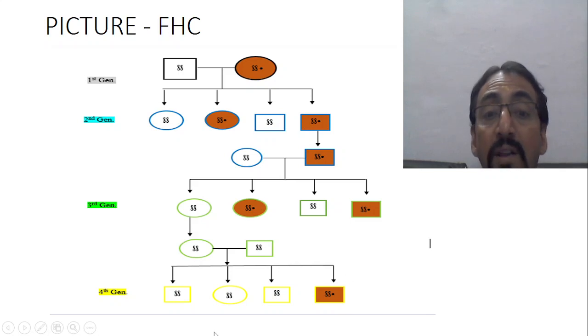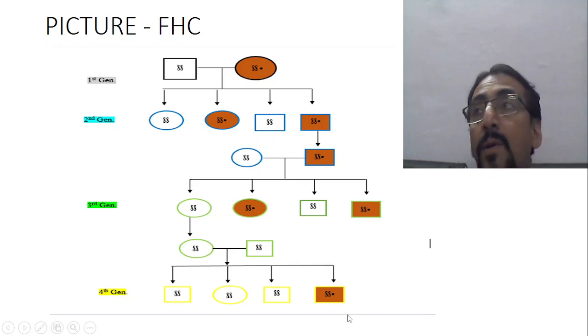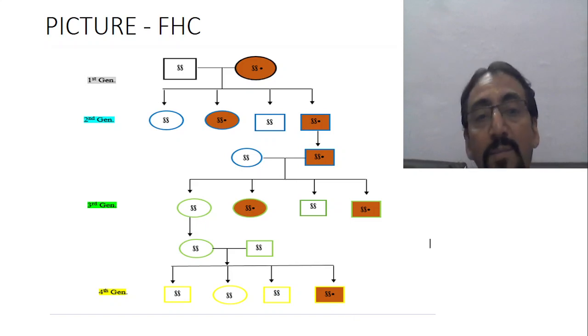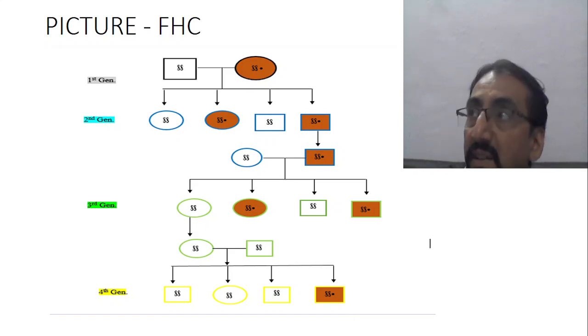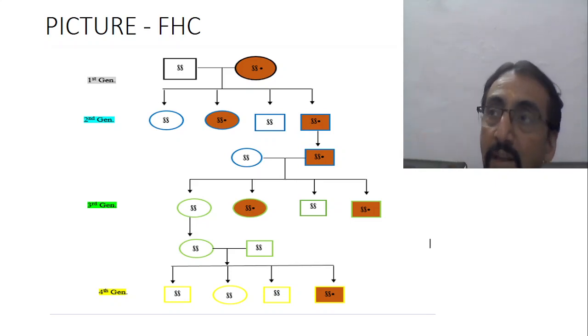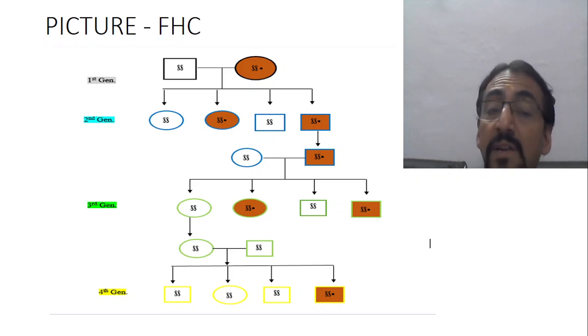When they marry, to their surprise, one child gets affected, because this particular female is from the disease family itself. Although the disease is not manifested in her body, she has the tendency. The disease is not manifested in her body because of low penetrance.